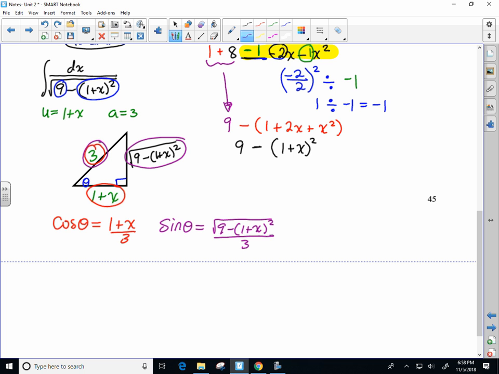Clean them up. In this case, with the red equation, I have to do a little bit more cleaning than in the previous problems, but nothing too crazy. 3 cosine theta equals 1 plus x, which means x is the same as 3 cosine theta minus 1. For the other one, it's just the simple cross multiplication.